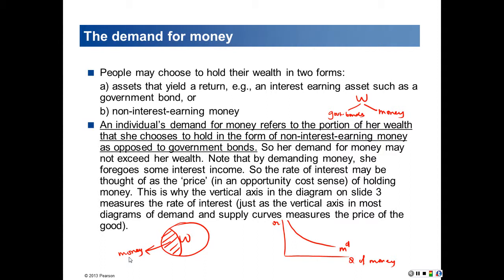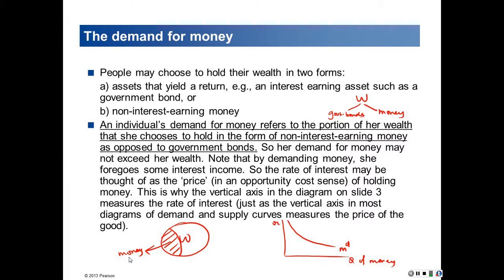Correct? So if I ask you, what is your demand for money? Your answer can't be, oh, infinite. It can't be, because what you can do at most is convert all your wealth into money. So if your wealth, let's say you're worth $1,000, your demand for money can never exceed $1,000. Is that correct?